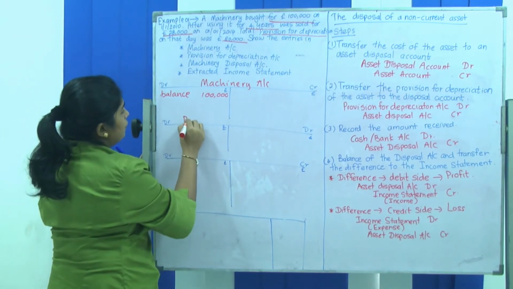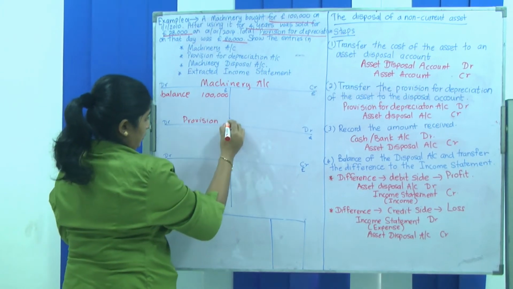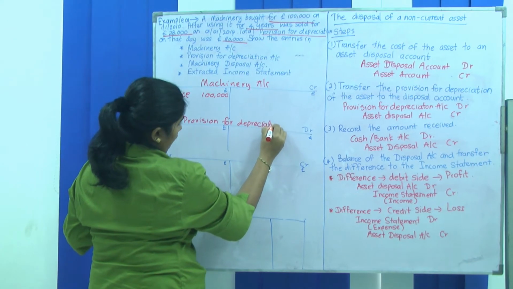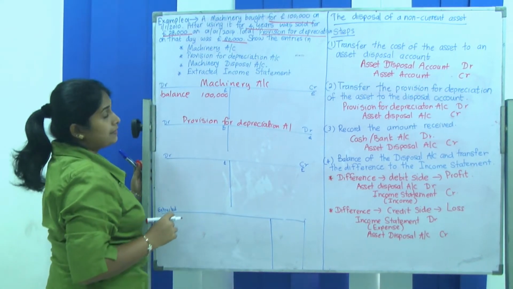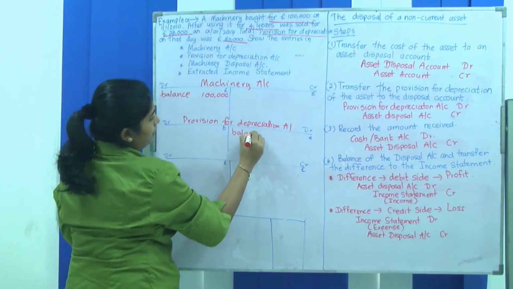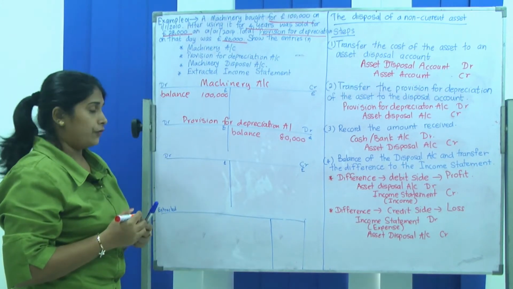Then the provision for depreciation account. I've always told you, provision for depreciation has a credit balance. So what is the total balance? It's 80,000. So it will be recorded on the credit side of the provision for depreciation.